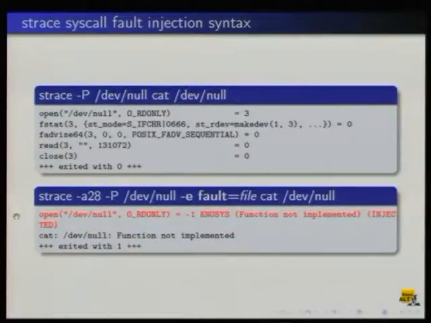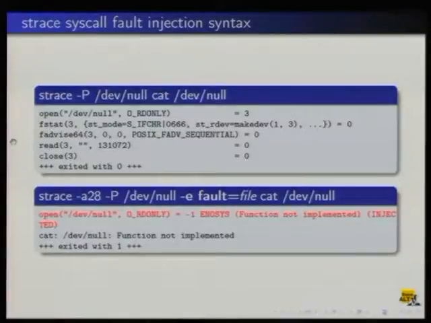Now let's combine fault injection with a path trace filter. So in the top block you see a traditional path trace filter. So you see all syscalls that have something to do with the file specified here, dev/null.